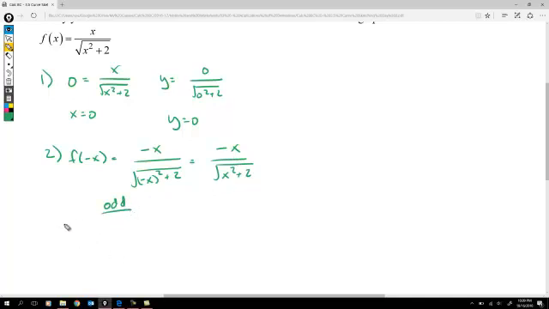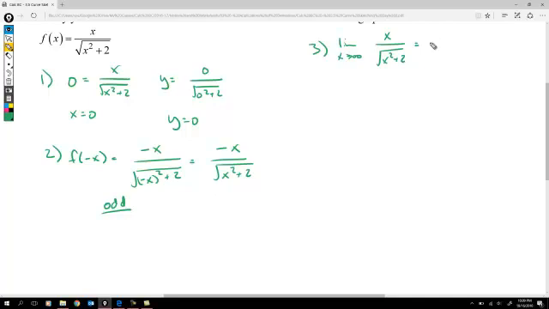Okay, number 3, I want to find all my asymptotes. First step, let's take the horizontal limits. I want to find end behavior, the limits to infinity of my function. First, let's start with the positive one. Remember, this is just x to the first power because it's the square root of x squared.